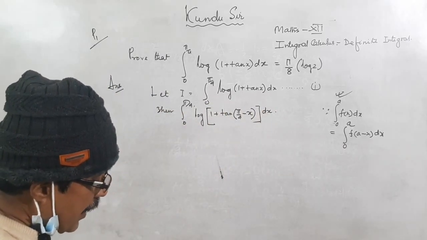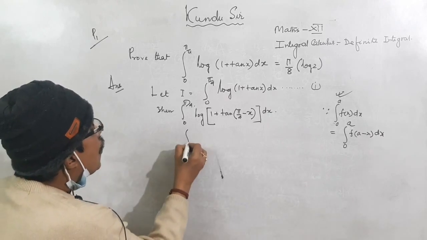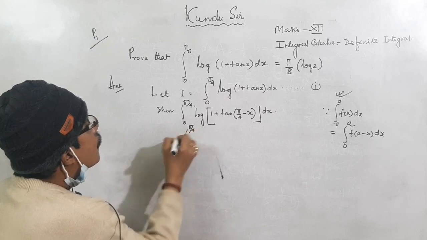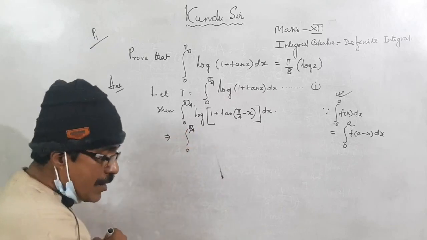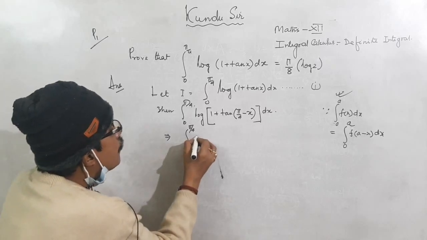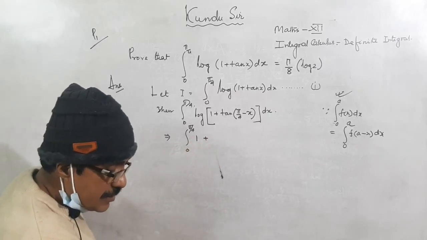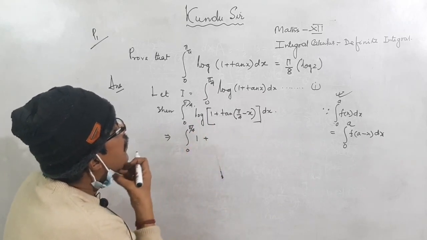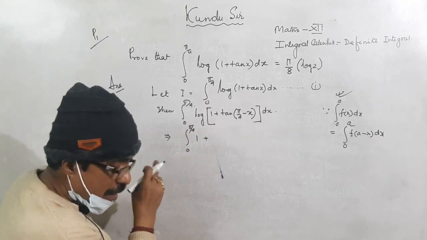So it can be written as the integral from 0 to pi by 4, that is we can write 1 plus tan a minus tan b.